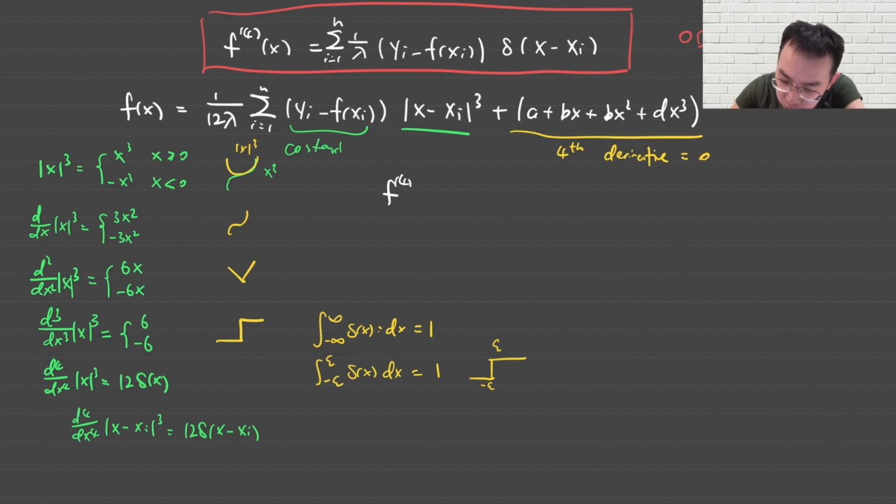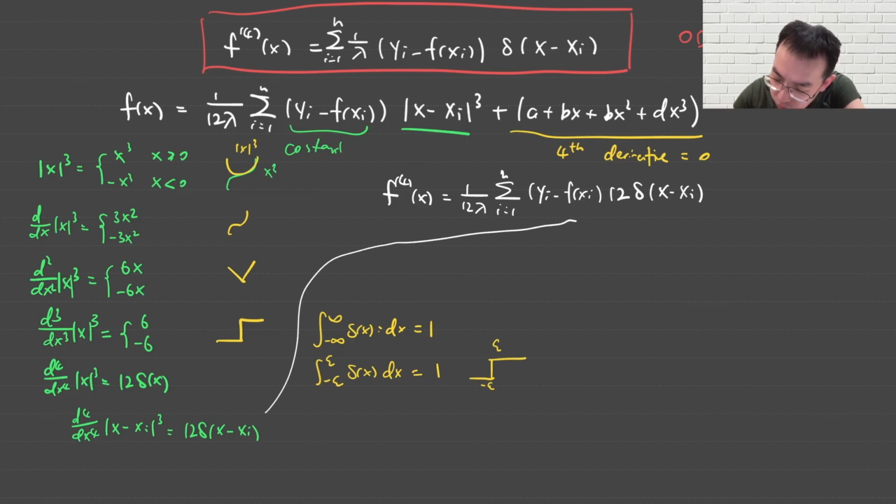The first derivative is just going to be 12 lambda, summation i equals 1 to n, and then this is a constant. You can just copy it, and that's going to give us 12 delta of x minus xi, right, coming from here. And so the 12s are going to cancel each other.